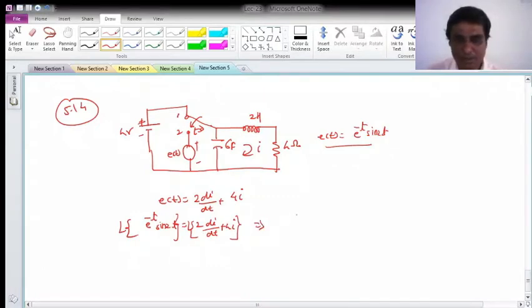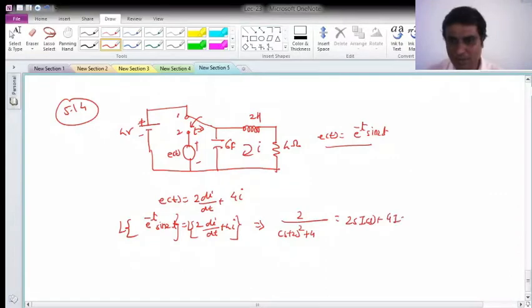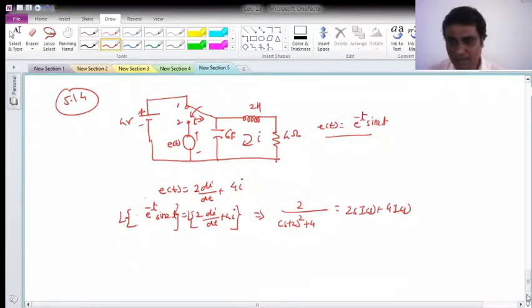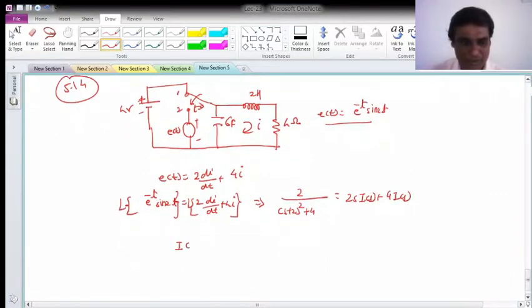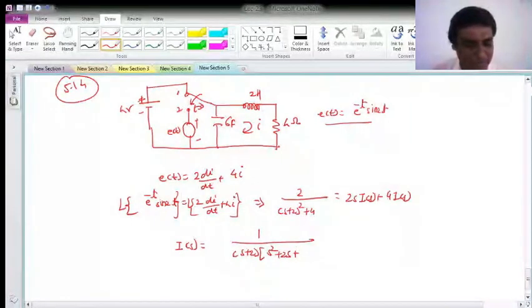so it will be 2 over (s plus 1) square plus 4, and on the right side it will be 2s I of s plus 4 I of s, and from that I can write I of s as 1 over (s plus 2) into (s square plus 2s plus 5).